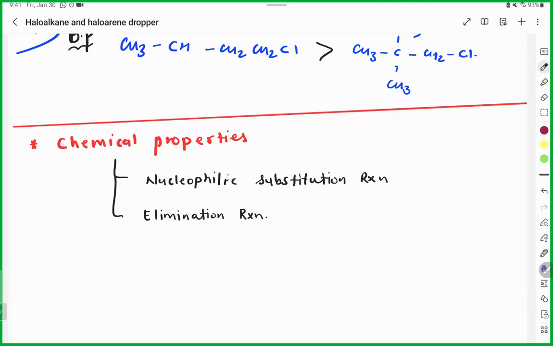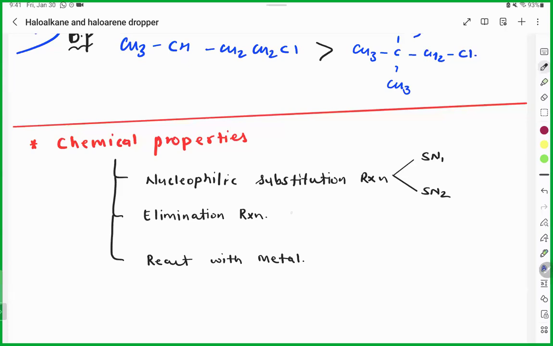And third, how haloalkanes and haloarenes react with metal. Here we'll talk about the Grignard reagent. In this situation, we will focus more on SN1 and SN2.